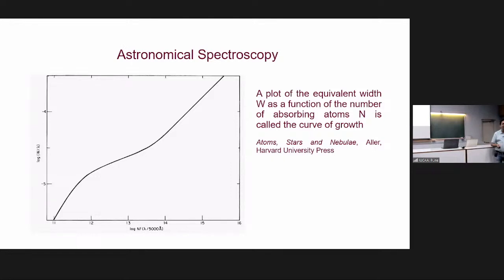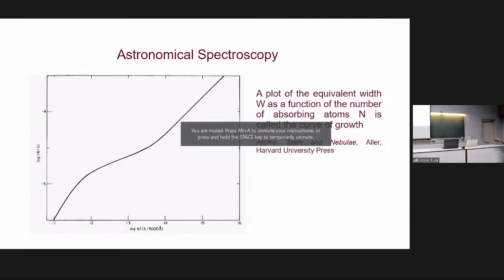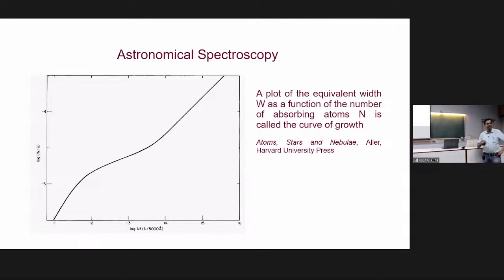Once we measure the equivalent width, we know where we lie on the y-axis, and from the corresponding point we can calculate the column density of the absorbing media, the absorbing particles.